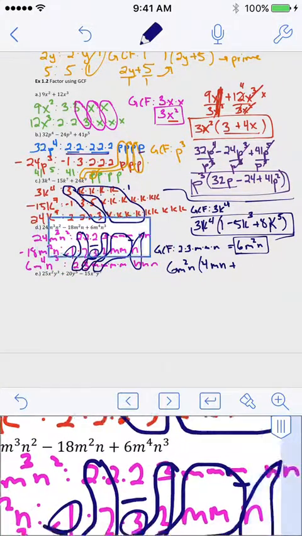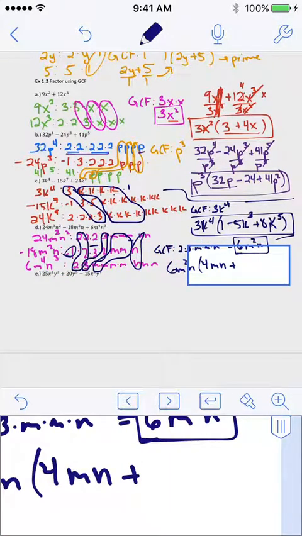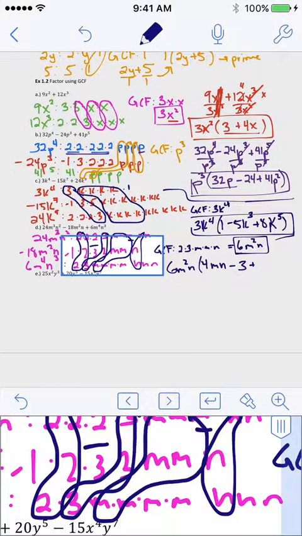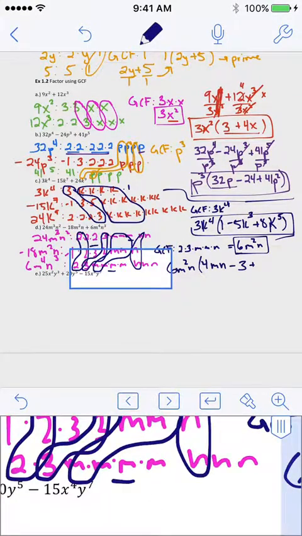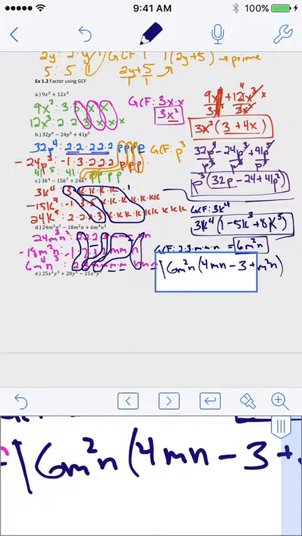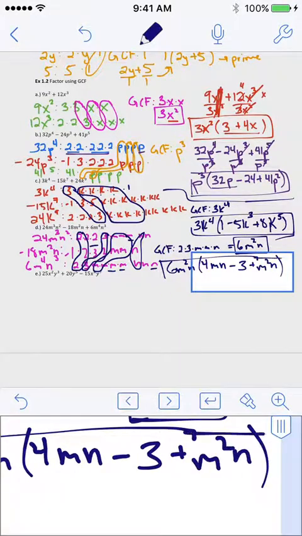So I take out a negative 1 and a 3, I get negative 3. And my last term, let's see what was left over. I took out the whole 6, right? And then I've got 2 m's and an n left over. So m squared n. And I found my final factored form.